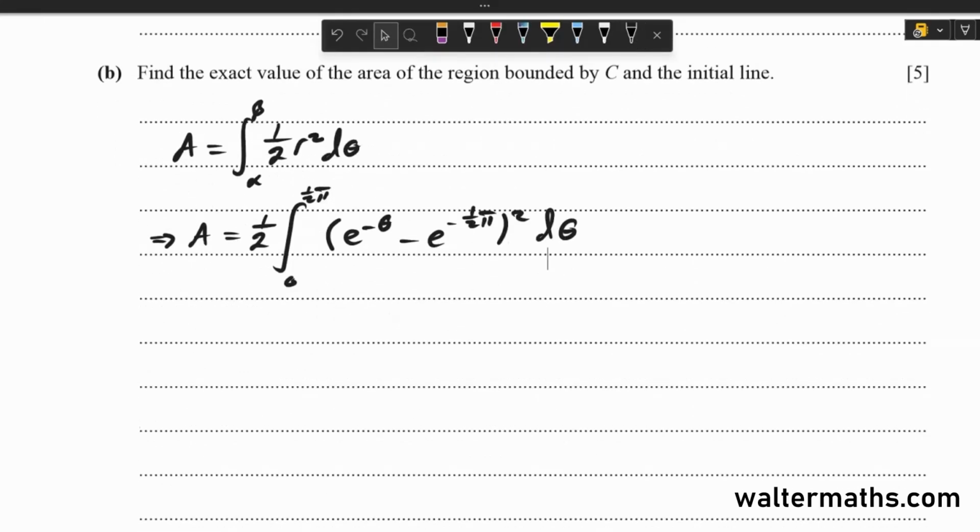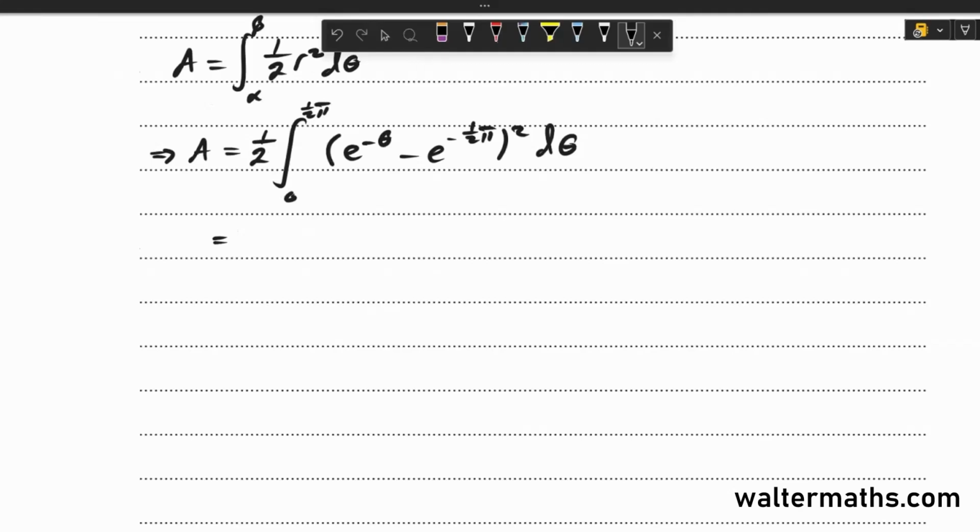So let's expand what we have. It's like we have half of the integral from 0 to a half pi, and expanding this we get e to the minus 2 theta minus 2e to the minus half pi of e to the minus theta plus e to the minus pi, with respect to theta.